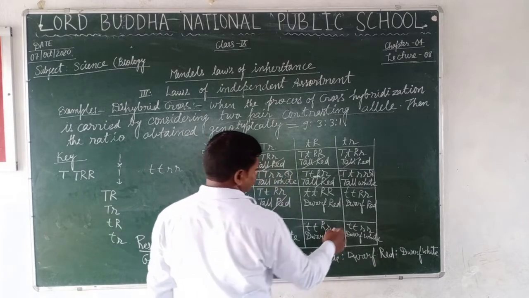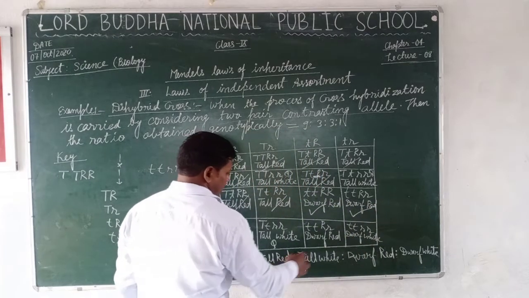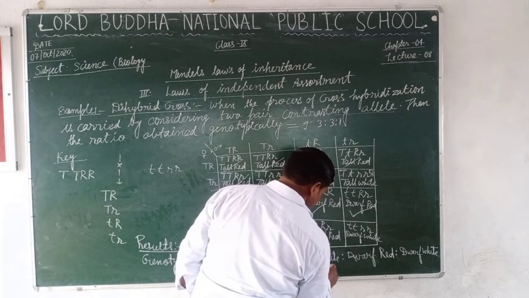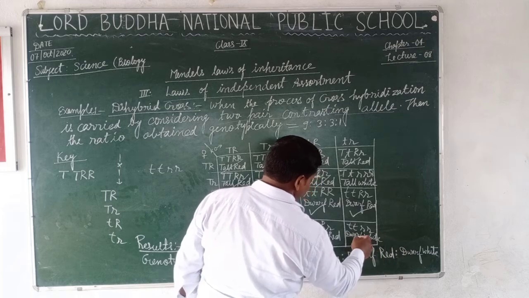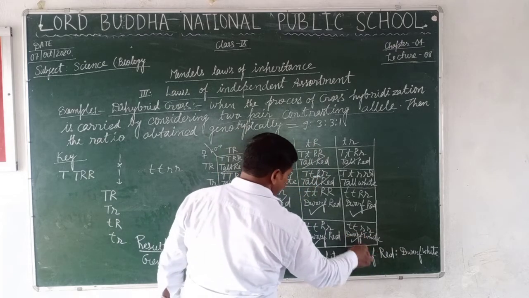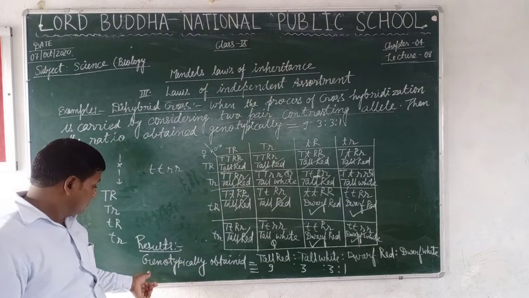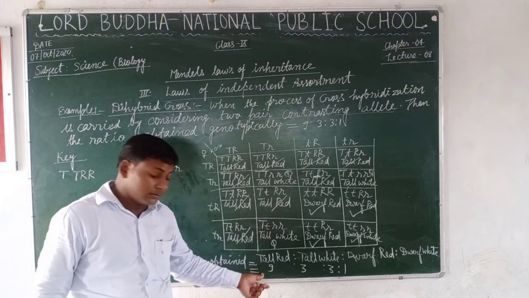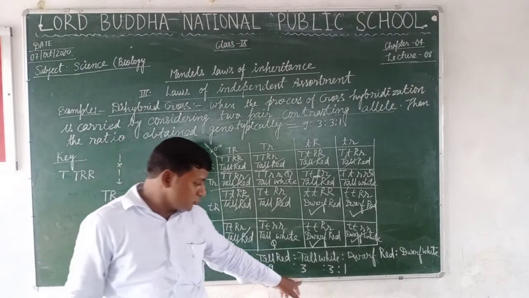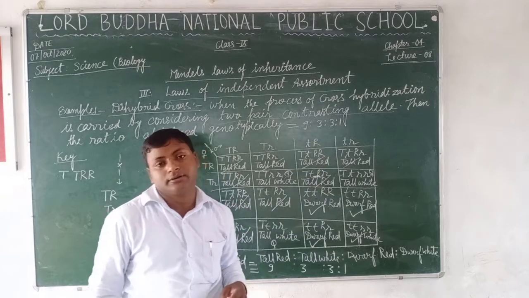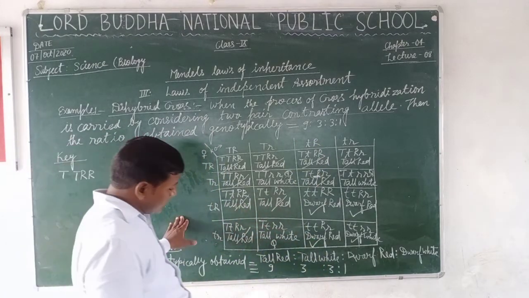Dwarf red. This is the first, second, and this is the third dwarf red. Ratio 3. Now students, dwarf white. This is the only dwarf white. Thus students, the ratio obtained among the individuals in the F2 generation is 9, 3, 3, 1.